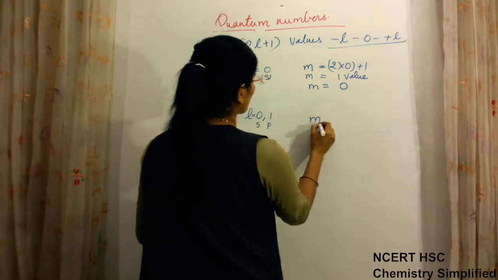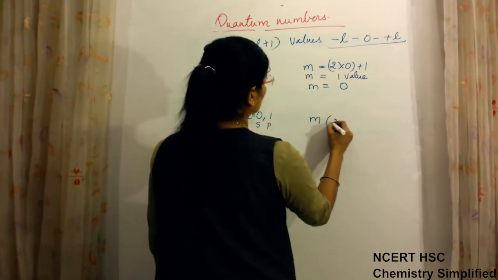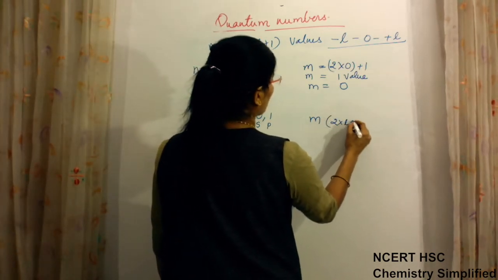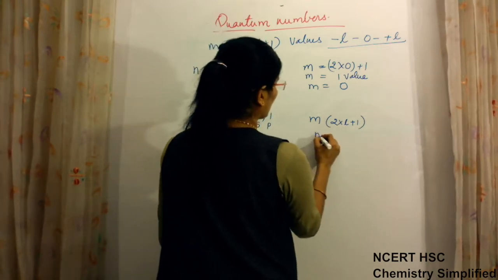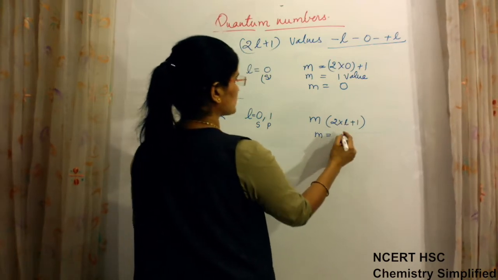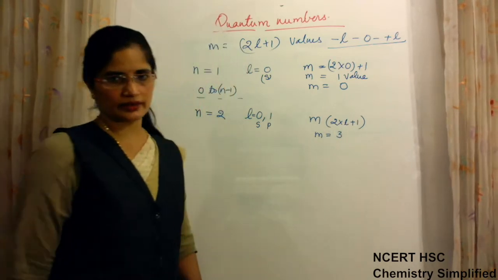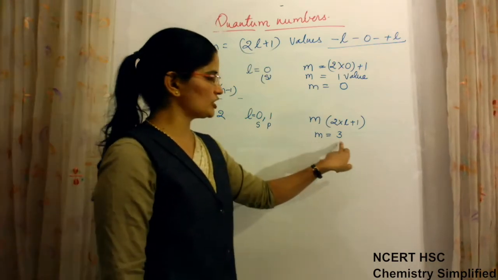The total number of values for m will be 2 into L plus 1. The maximum value of L here is 1, so 2 into 1 is 2, 2 plus 1, 3 values will be there. For m there will be 3 values.